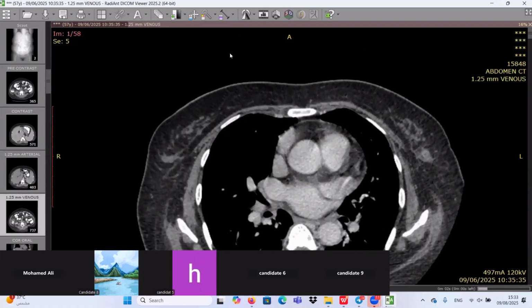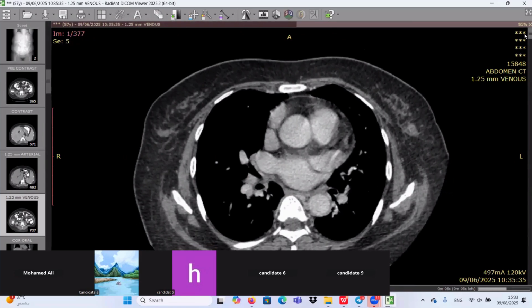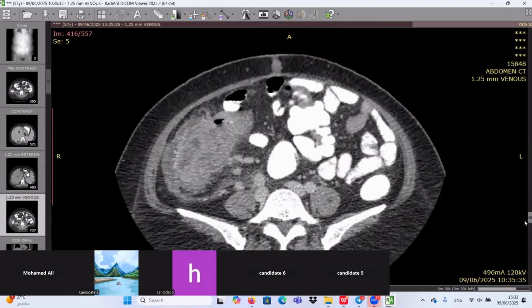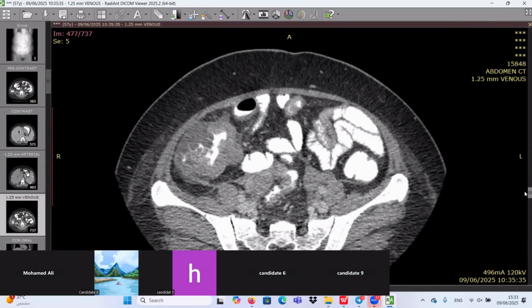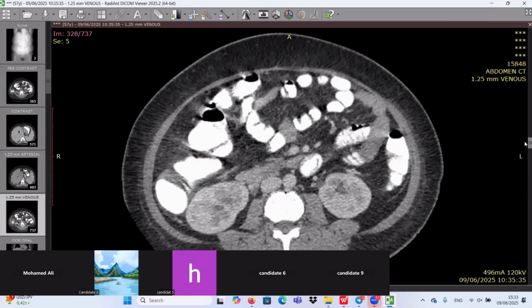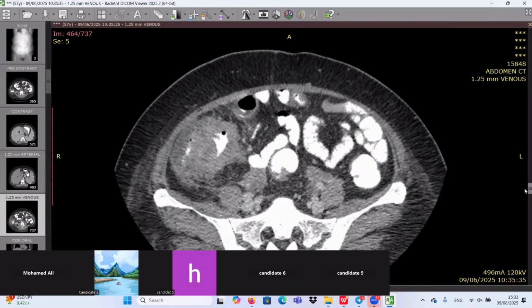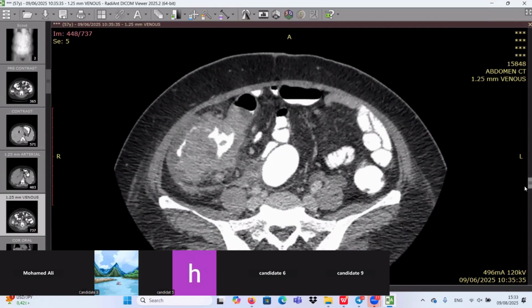Yeah, in the colon. Okay, because it's a long segment, I would like to see the appendix itself also, as the patient presented with abdominal pain.